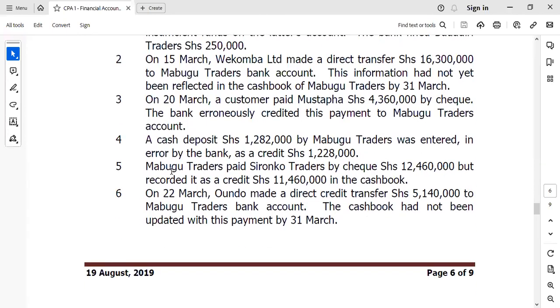Note 2, Wakomba made a direct transfer of 16.3 to Mabugu Traders bank account. This information has not yet been reflected in the cash book of Mabugu Traders. This is the direct credit. So we can debit our cash book, Wakomba Limited, direct credit.